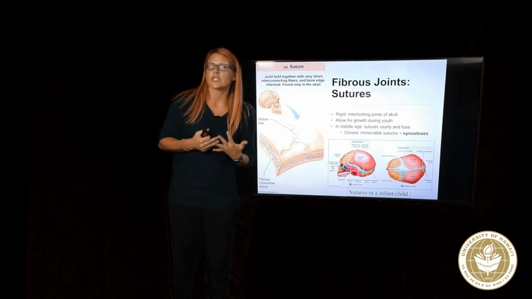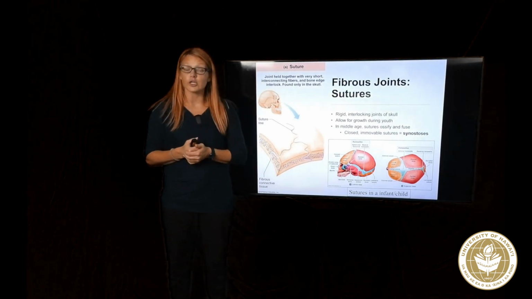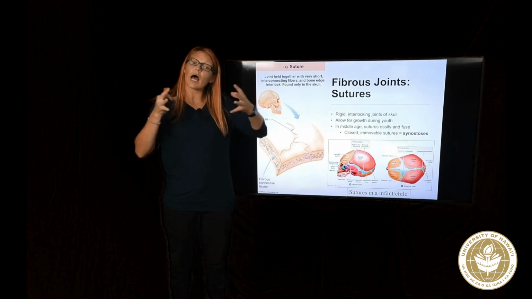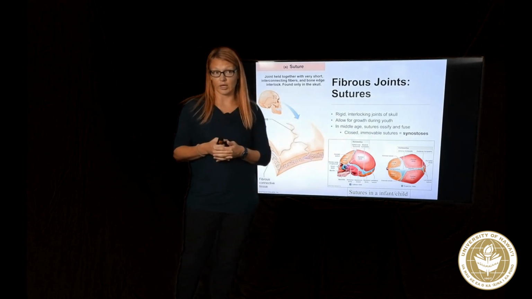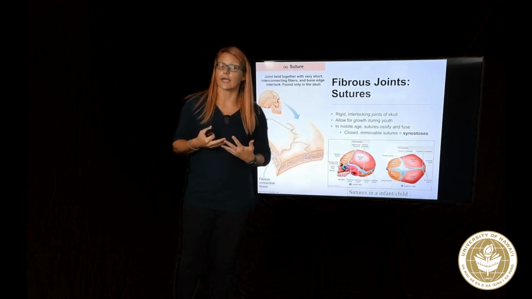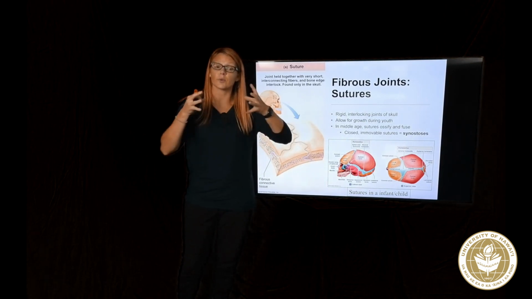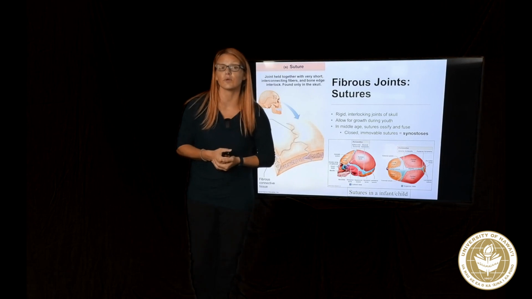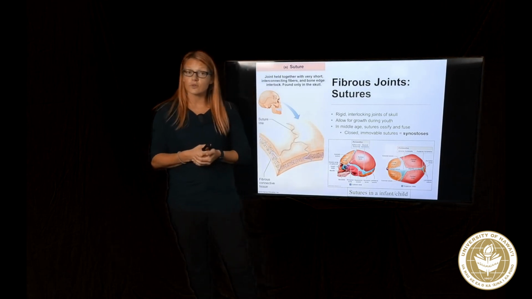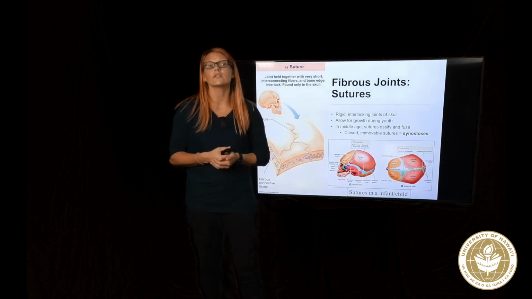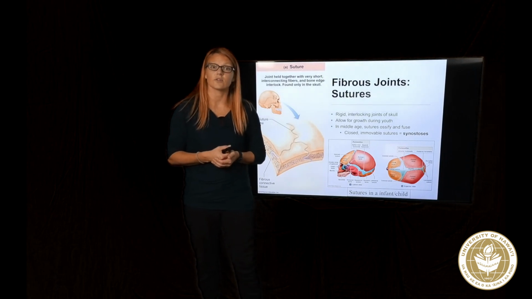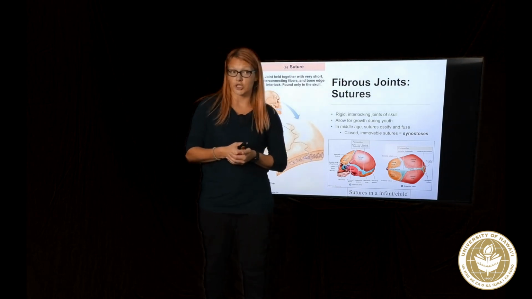So when you are a child, you're going to have larger sutures that end up coming together during your middle age. Then during middle age, that fibrous tissue is going to ossify, and our skull bones are going to fuse into a single unit. The closed sutures are then called synostoses. So these are going to be bony junctions.